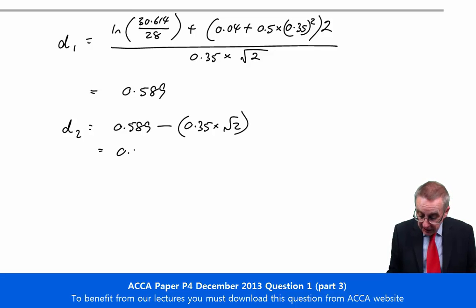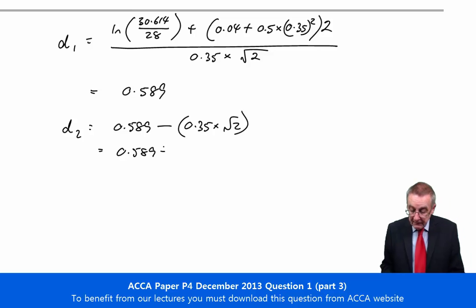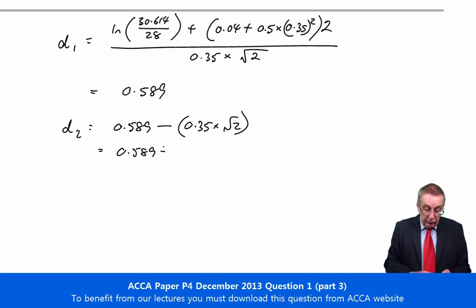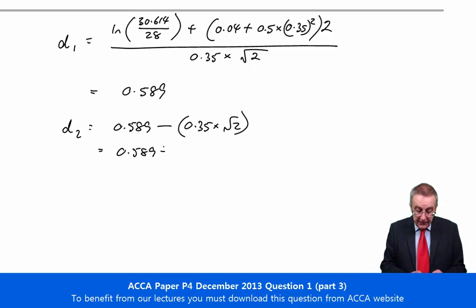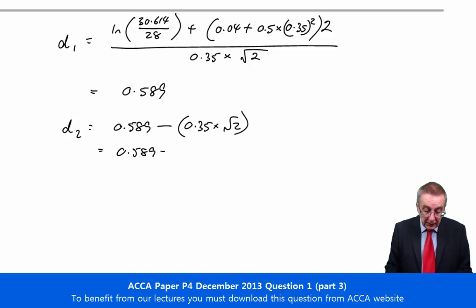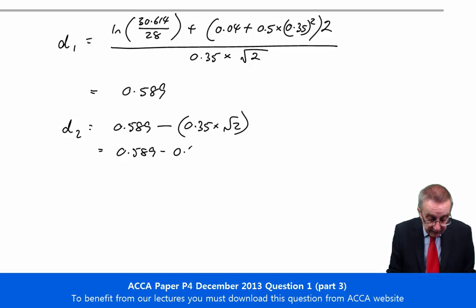And this one I will actually do because it's so quick. The root of 2 times 0.35 equals 0.4945, is it? What am I doing?